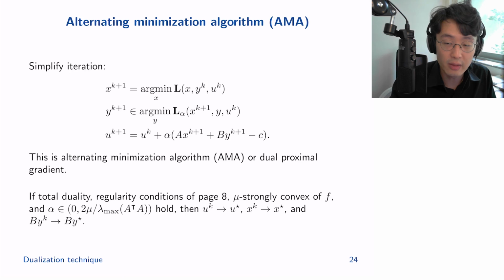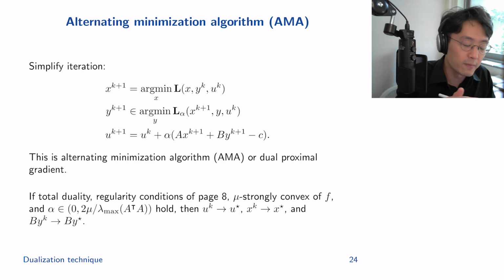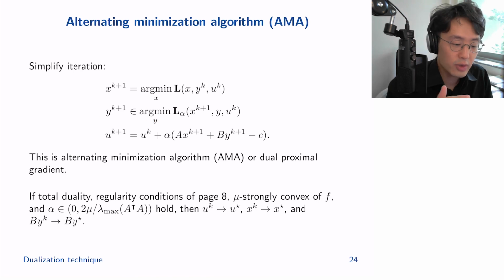And in the case of ADMM, we also had an analogous set of guarantees where we had convergence guarantees on Axk and Byk, but we did not have direct guarantees on x and y themselves. And the reason that is in some sense expected is because the x iterates and the y iterates are defined as argmins. So when the solution is not unique, the specific choice of yk plus 1 will depend on how we choose among the many minimizers.